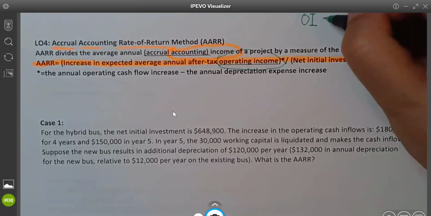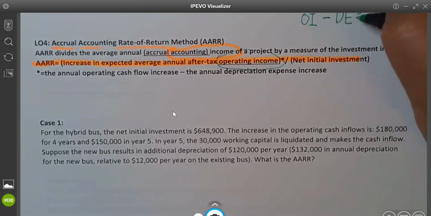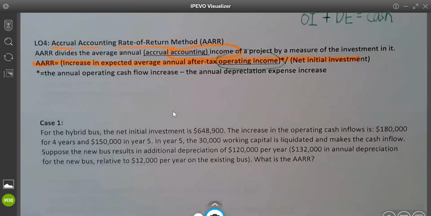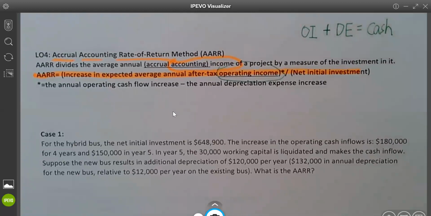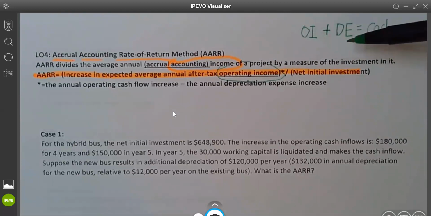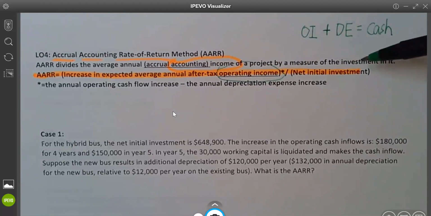So you have to add back the non-cash expense to get your cash. That part always kind of confuses me. So your operating income plus your depreciation expense is your cash, because depreciation expense is a non-cash expense. This is confusing, but I think you are better than me.